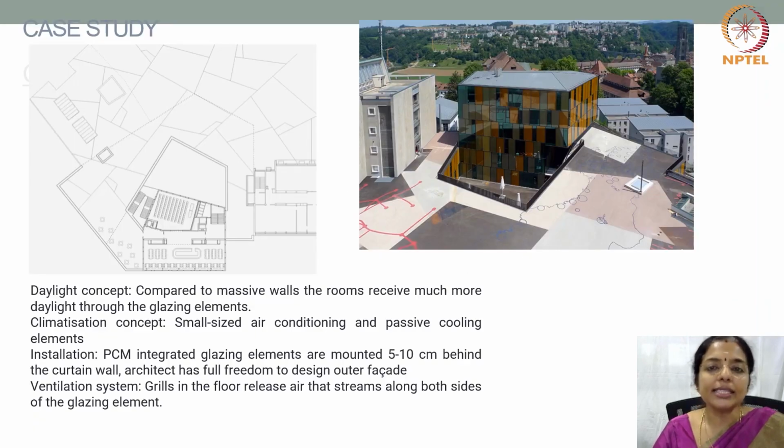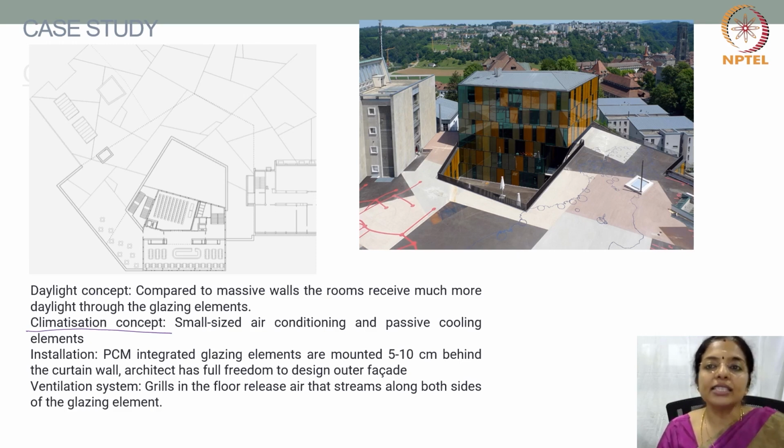In this case, compared to massive walls, the rooms receive much more daylight through the glazing elements. It also uses the climatization concept where small-sized air conditioning and passive cooling elements are used.